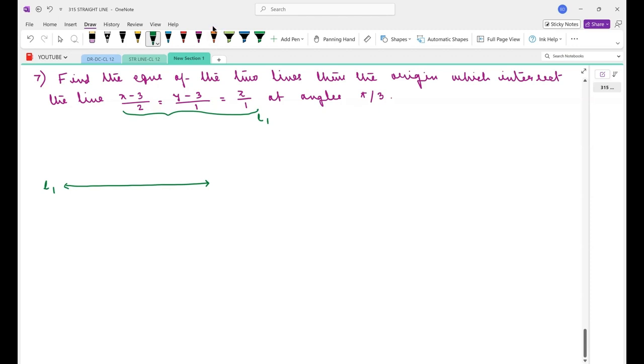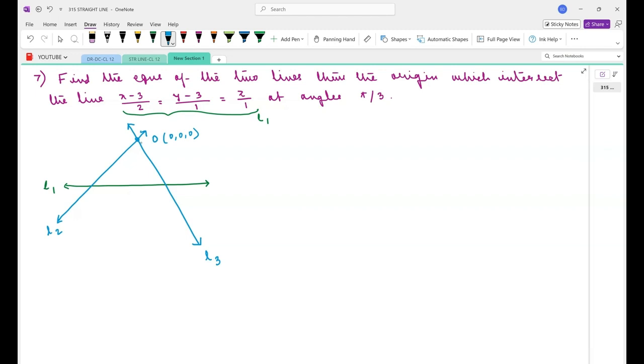Now the lines whose equations we have to find are like this. Both of them pass through the origin. Say this is my L2, this is my L3. Suppose this is the origin, and for these two lines whose equations we have to find, L2 and L3, two things are given.